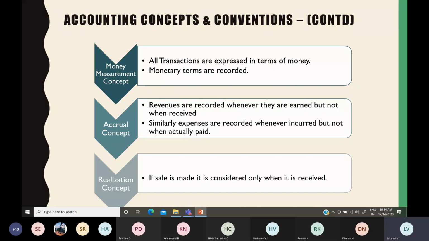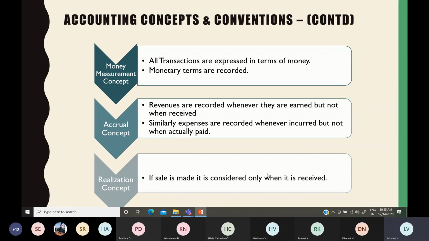If you are in that mindset and you deliver the goods to that customer, you can consider it as revenue only when you earn from him. Only on the date when it comes to your hand can you consider it as the revenue or the income. So realization concept is that.